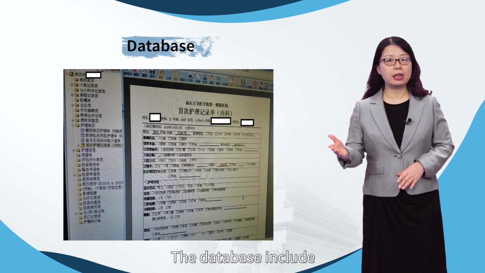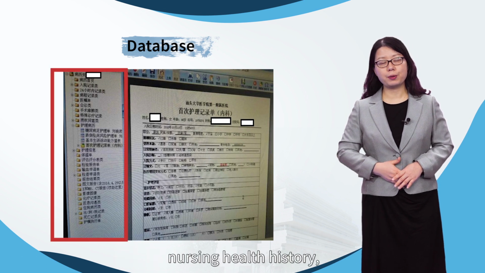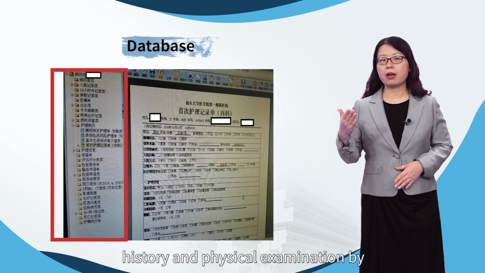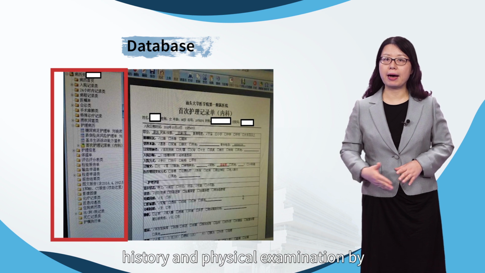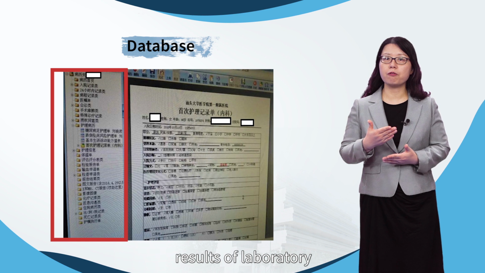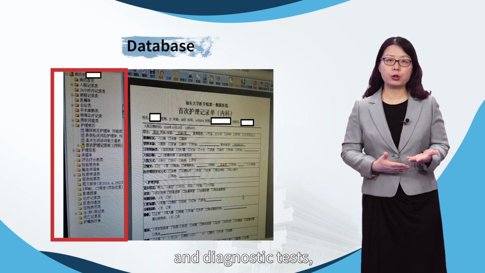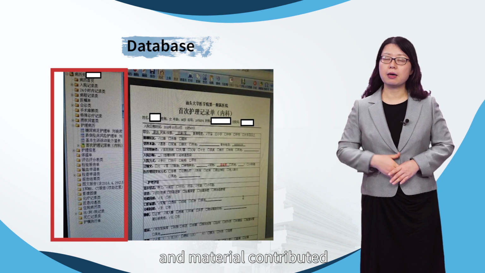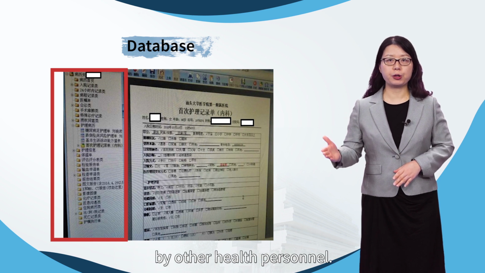The database includes nursing health history, physical assessment, history and physical examination by primary care providers, results of laboratory and diagnostic tests, and the material contributed by other health professionals.